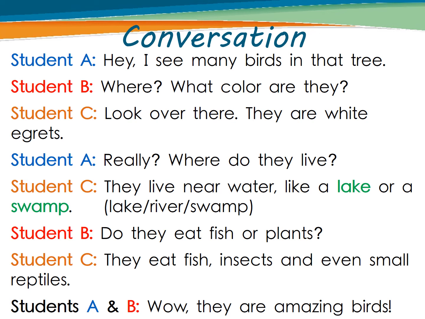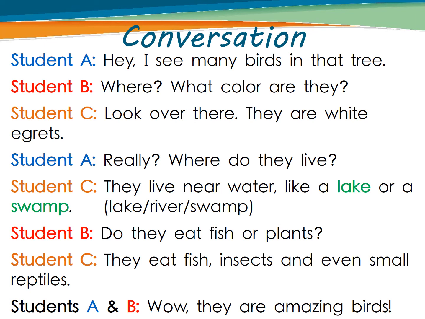Now choose a new character and let's read again. Ready? Hey, I see many birds in that tree. Where? What color are they? Look over there. They are white egrets. Really?